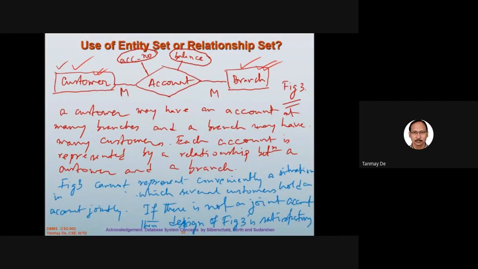You understand my point? This account, just a minute. This account is the relationship set. Now, in this relationship set there are several accounts.